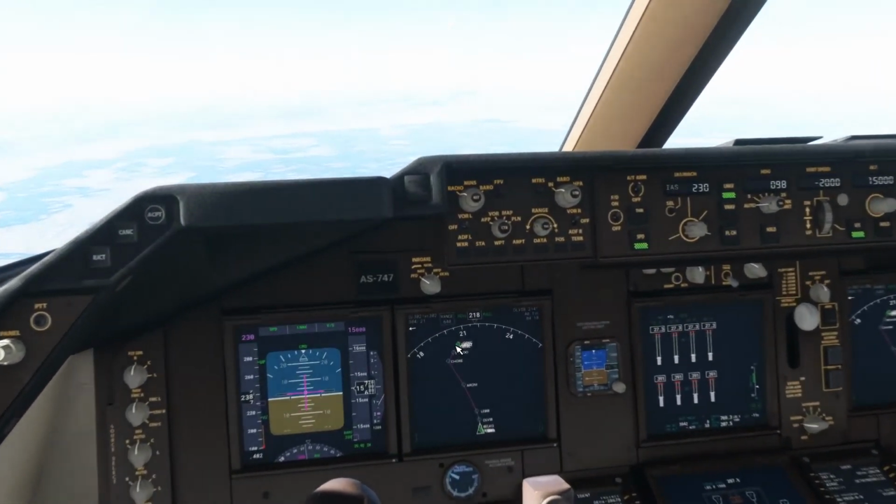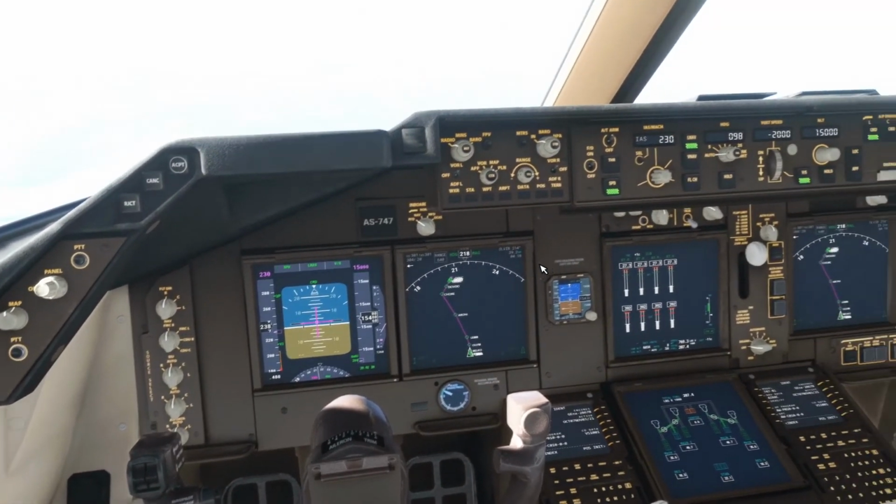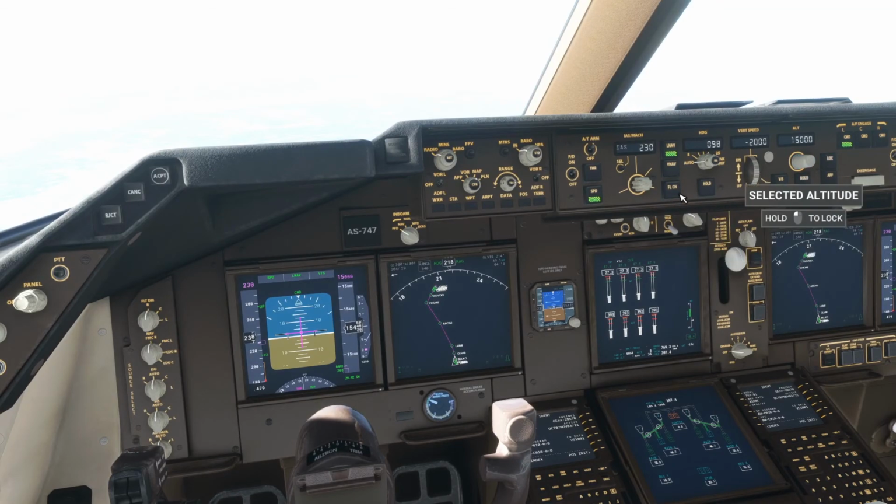And that's it. You can see the plane is stabilizing, and it will stabilize or level off at 15,000.